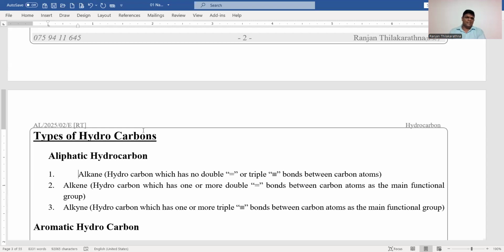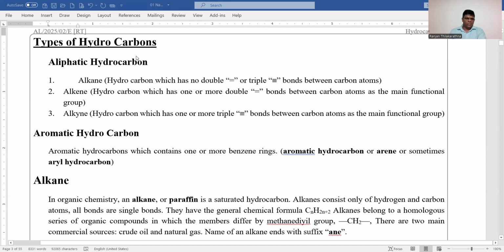This is very easy. All the students are going to get this organic chemistry question in the exam. I can't see properly because my screen is flickering. No, I can't see the name. Okay, understood.